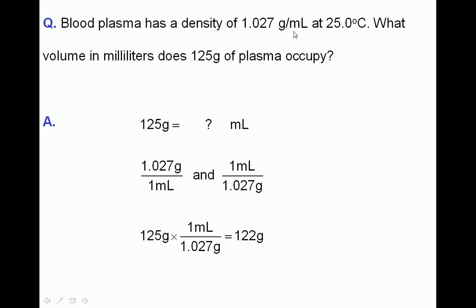This is the density, and so to go from grams to milliliters, we will need to use the conversion factor that has milliliters in the numerator and grams in the denominator. So take 125 grams and multiply that by this conversion factor here.